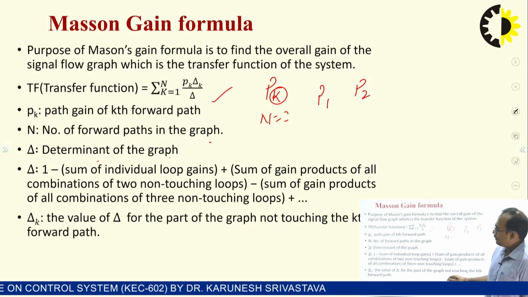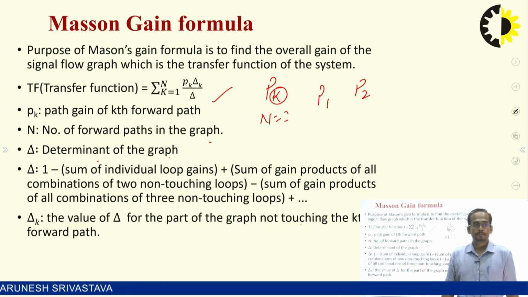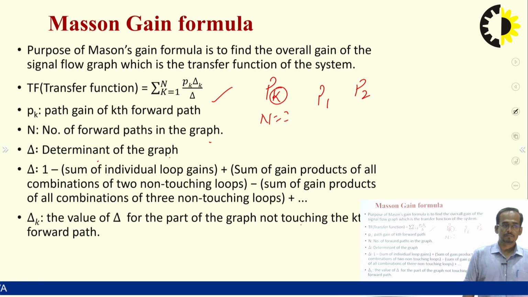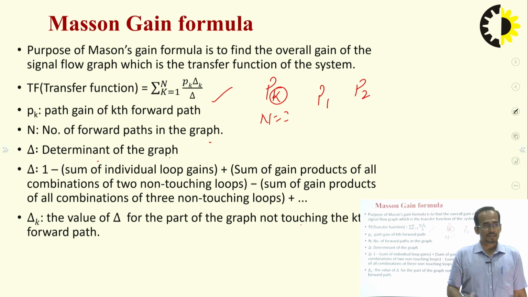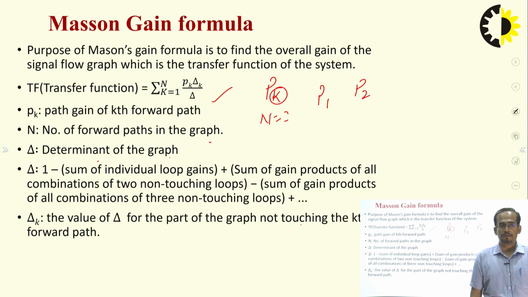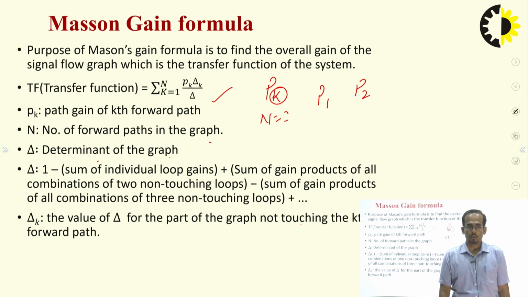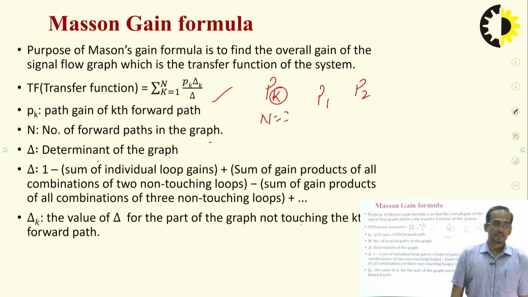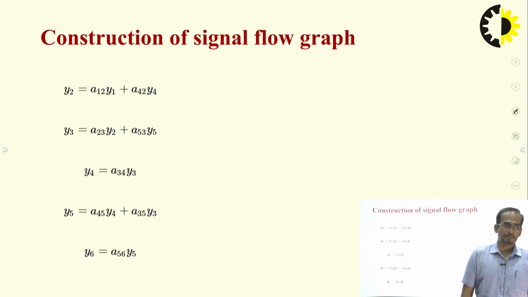Delta k is the value of delta for the part of the graph not touching the kth forward path. So this is Mason's gain formula, which is used for finding the transfer function or overall gain of the given system or signal flow graph.